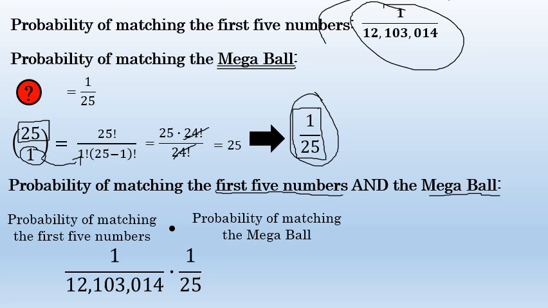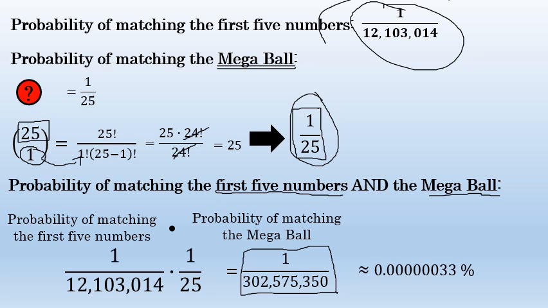Let's multiply those. This is a pretty large multiplication. 1 over 12.1 million times 1 over 25 is equal to exactly 1 over 302,575,350. This is the probability of winning the Mega Millions jackpot. 1 in over 302 million.